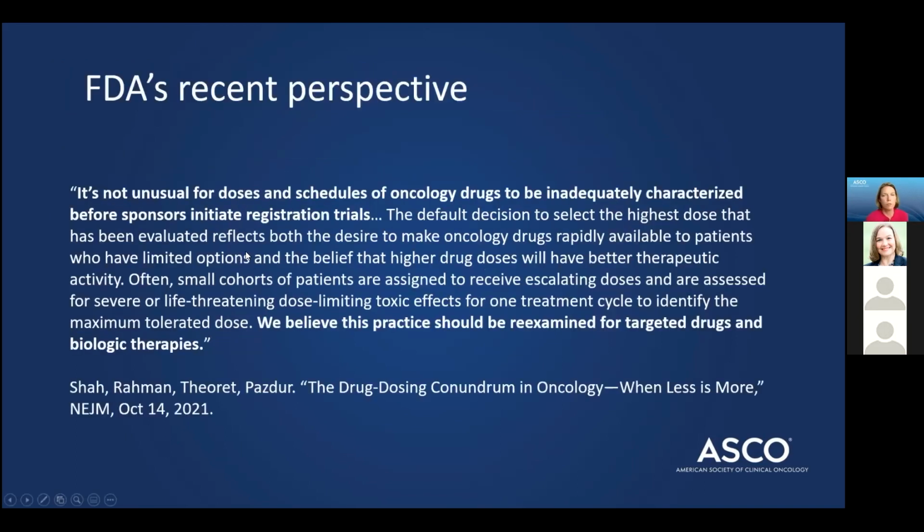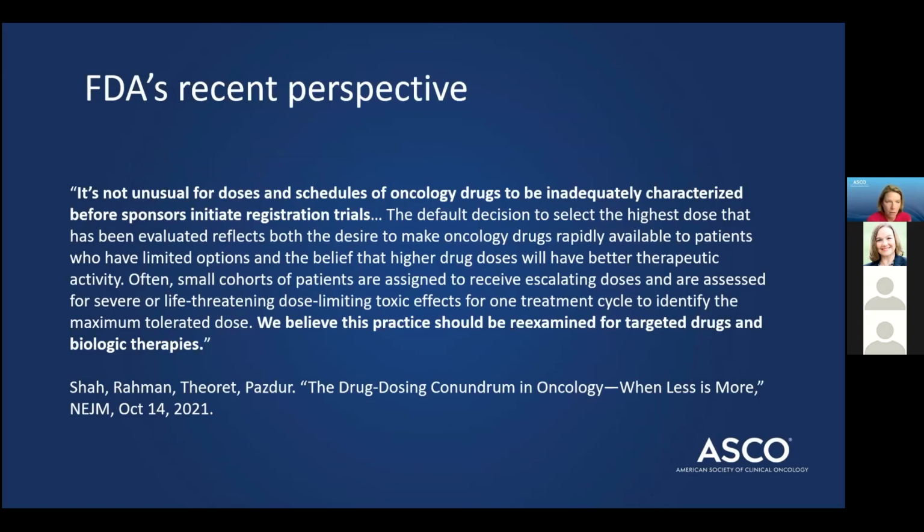So, just getting back to the overall point here, about dose finding and dose optimization. There was a very nice perspective by some people at the FDA about how they're feeling right now about dose finding, dose optimization.